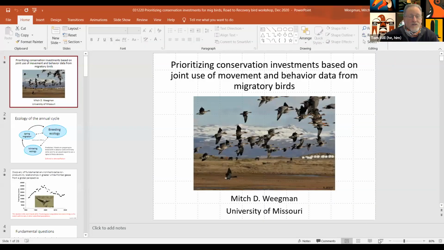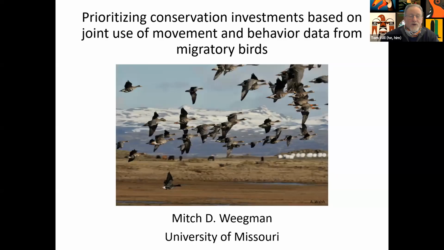Our next speaker, Mitch Wegman, is an assistant professor at the University of Missouri, and his interest is in understanding how individual and population processes explain variation in avian ecology.